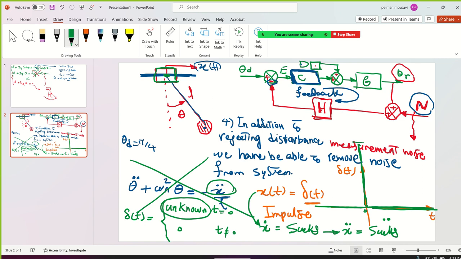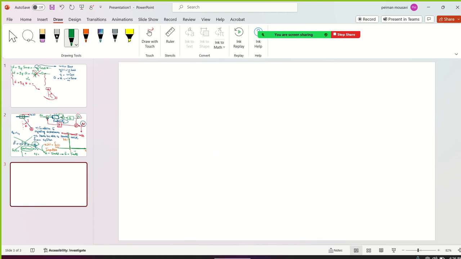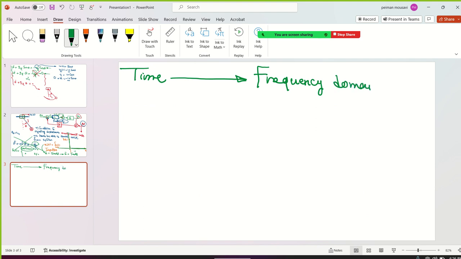Understand? So that's why in this course we are leaving the time domain and arriving at the frequency domain, through the Laplace transform.